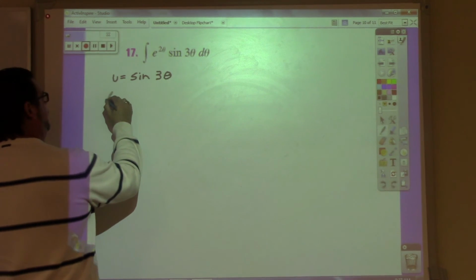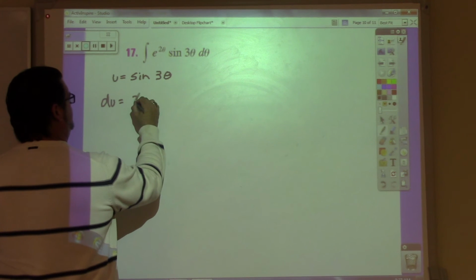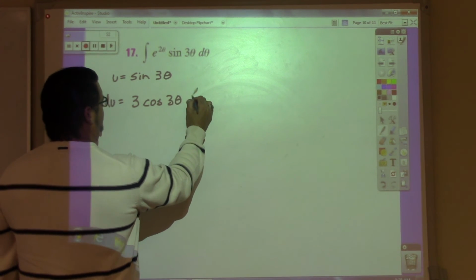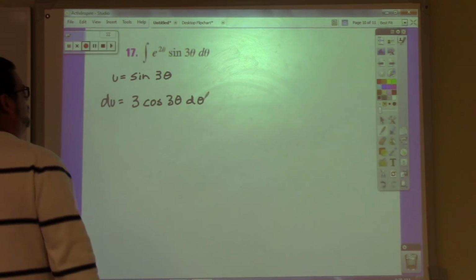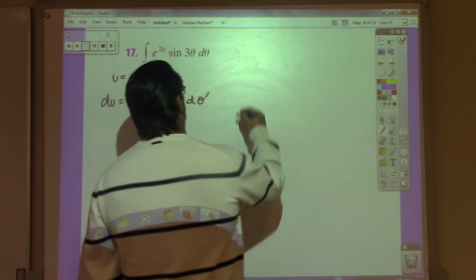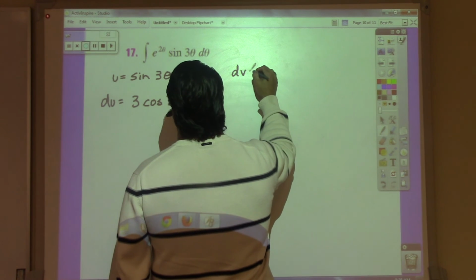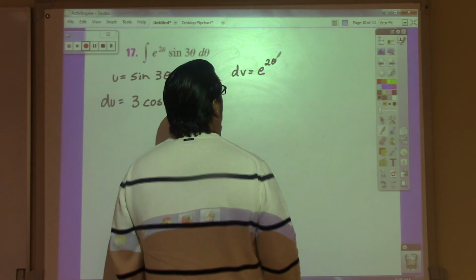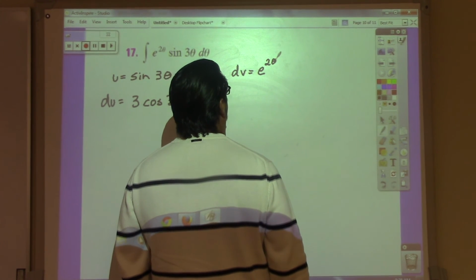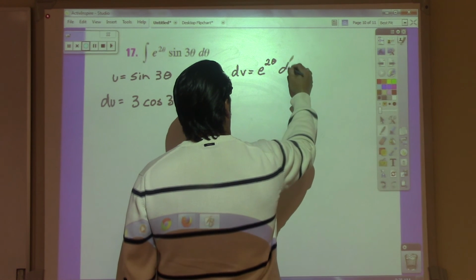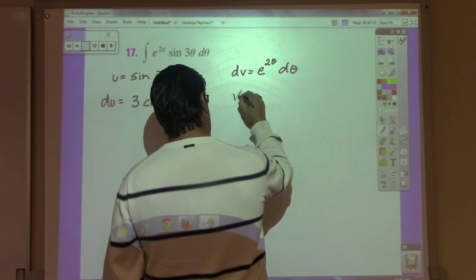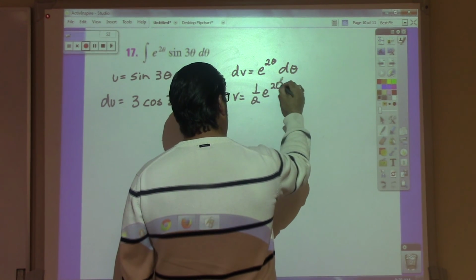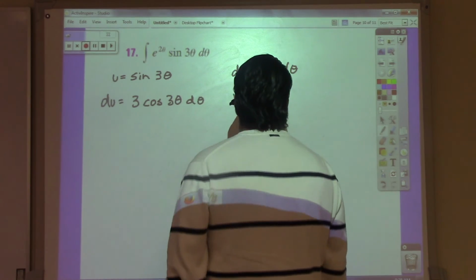So du is equal to 3 cosine of 3 theta d theta. dv is equal to e to the 2 theta, and that'd be 1/2 e to the 2 theta, or e to the 2 theta over 2.